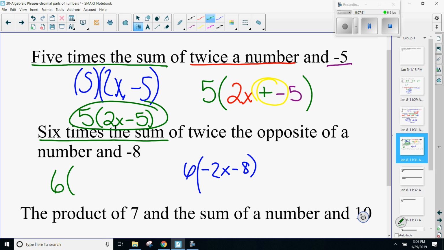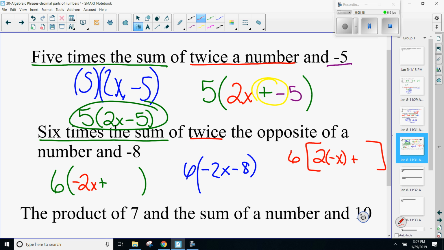The next one, 6 times the sum. So you put 6 times the sum of twice the opposite. Twice means what? Multiplied by 2. Opposite, negate it. Now sometimes people might show it as this, but you're inserting parentheses, which means then you need brackets.